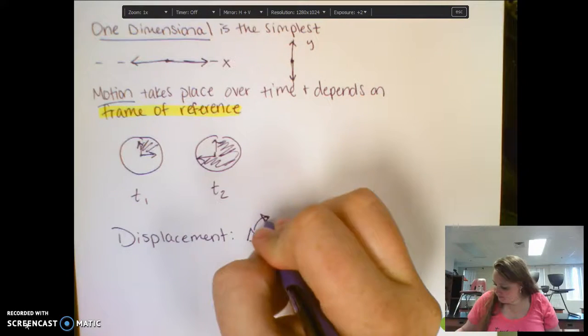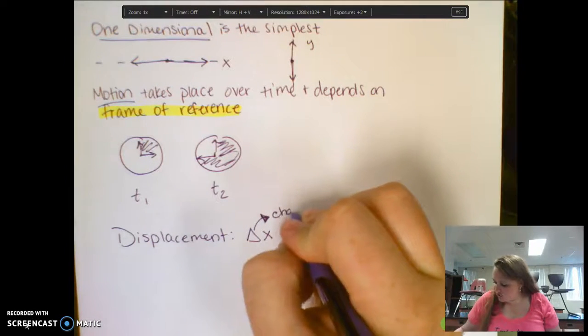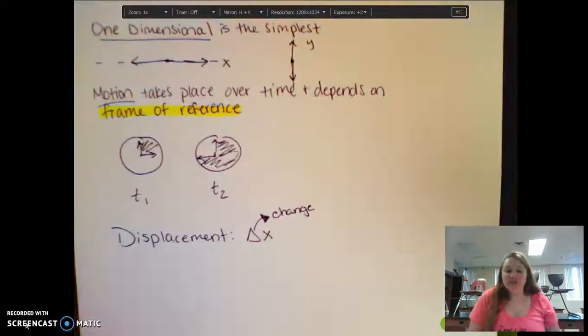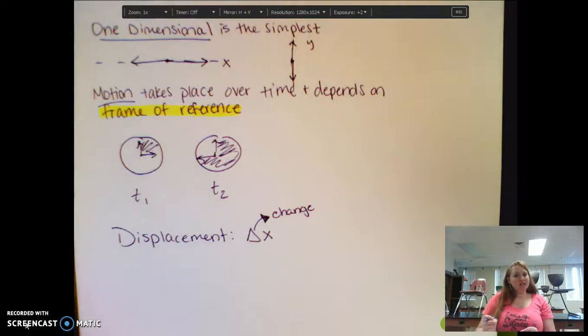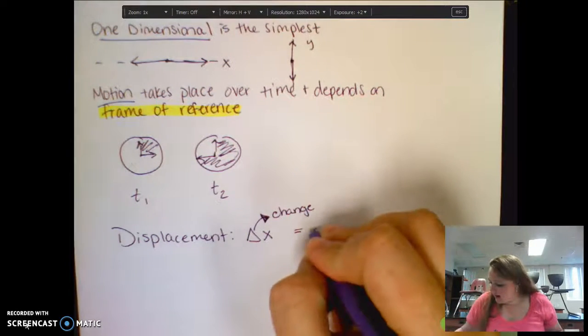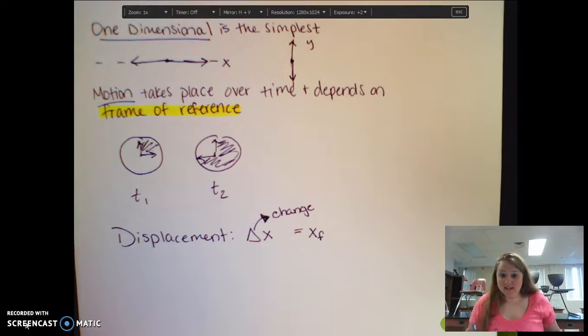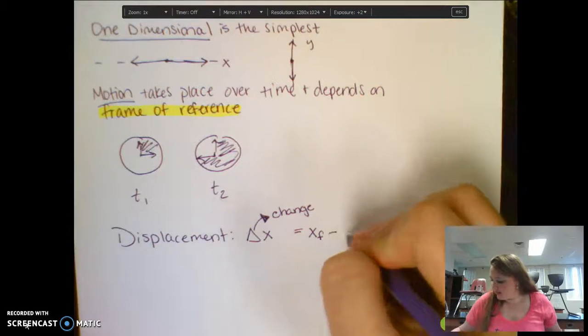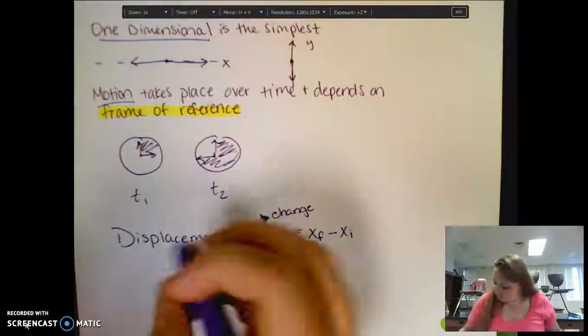This delta is a Greek letter and it means change. If you've ever seen delta in math, it always means that we're going to subtract things, and that's exactly what we're going to do. Displacement is taking a final position, we call x our position, minus our initial position.